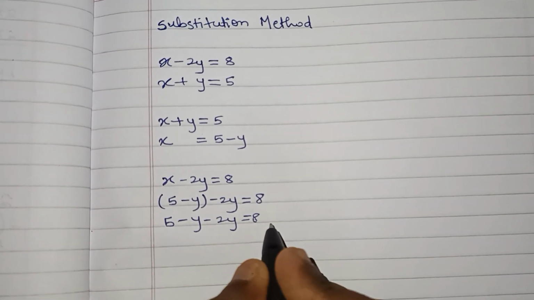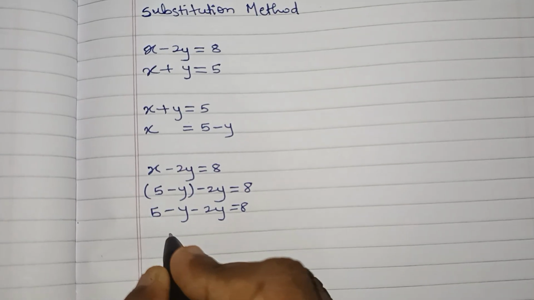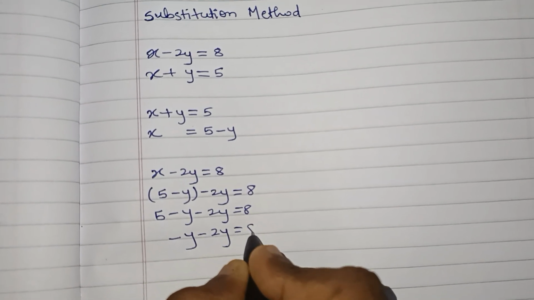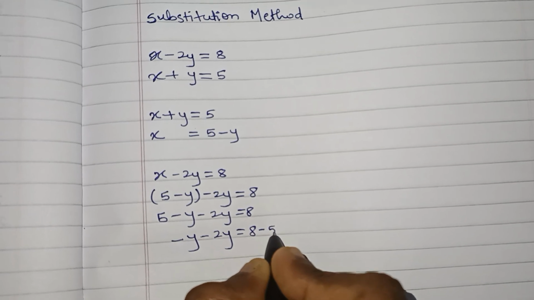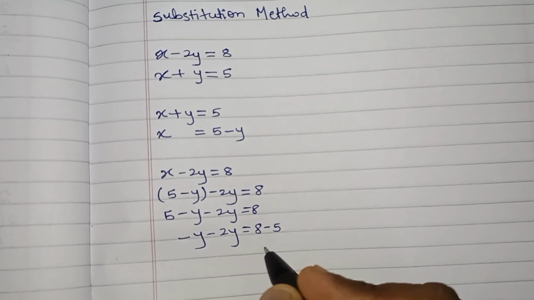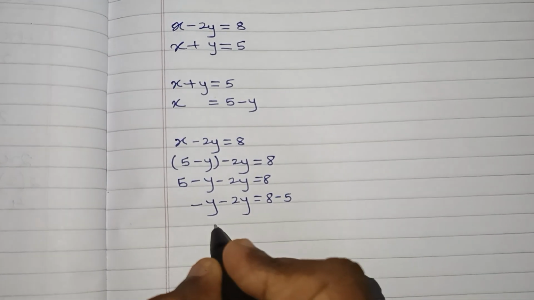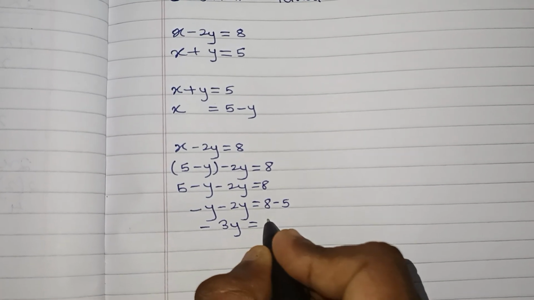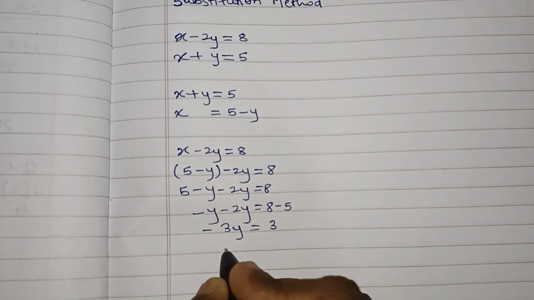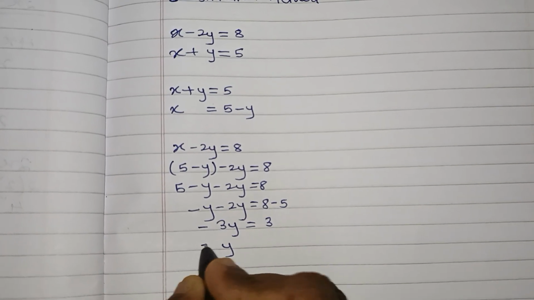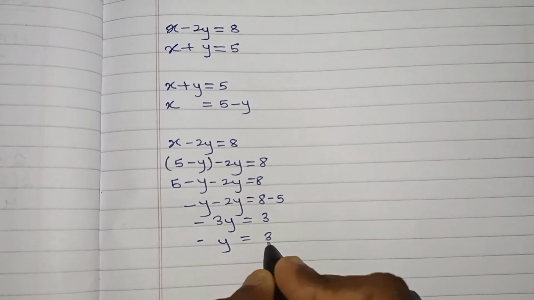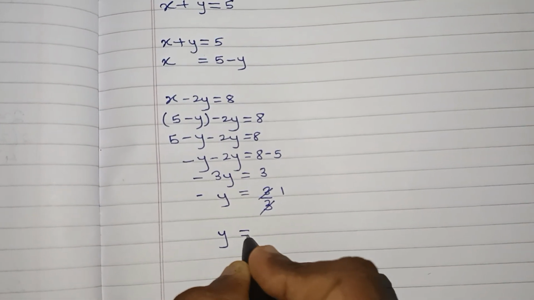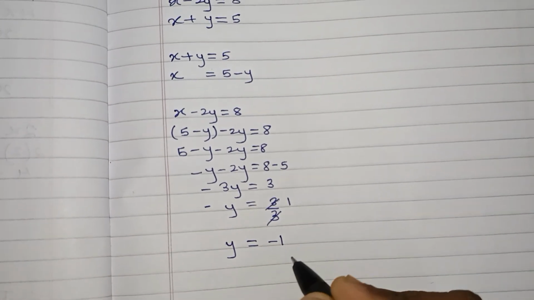So I'll take this 5 to that side: minus y minus 2y is equal to 8 minus 5. I have taken that 5 to the other side. Now I will get minus 3y is equal to 3. So minus y is equal to 3 divided by 3, that is 1. So I got the value for y, that is minus 1.